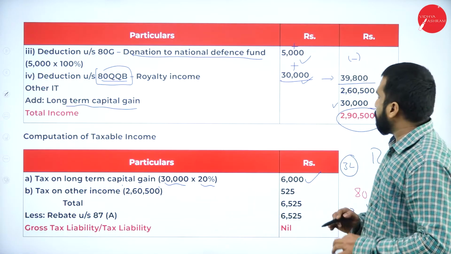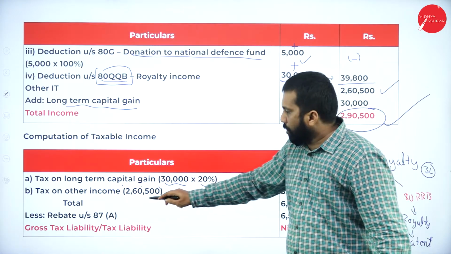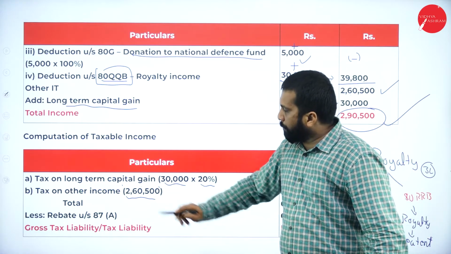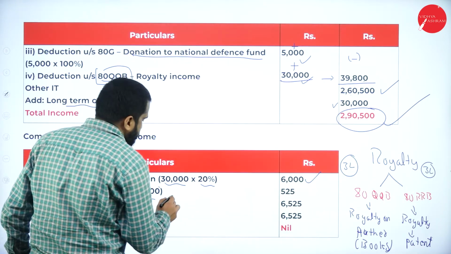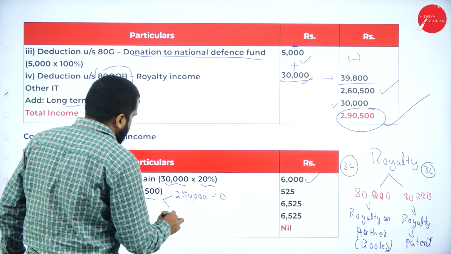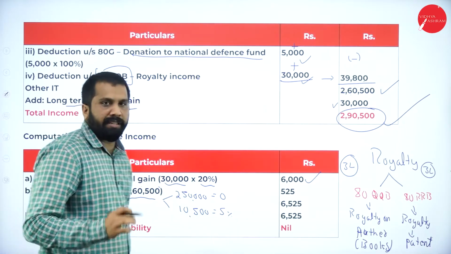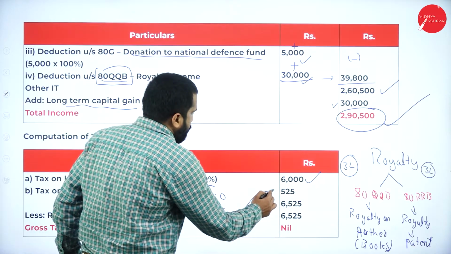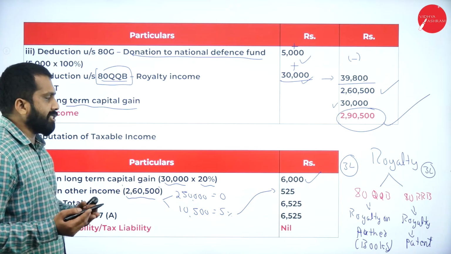Next, remaining is 2,60,500. In this, make two slabs. Up to 2,50,000, nil, and the remaining 10,500 at 5% tax. For 10,500, you will get 525.